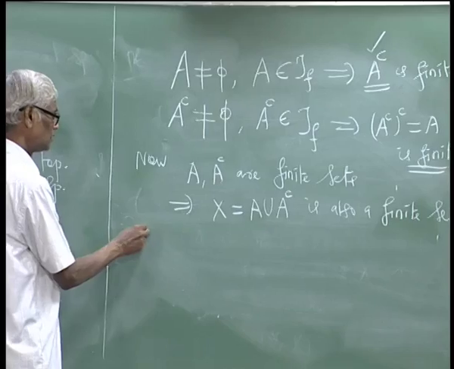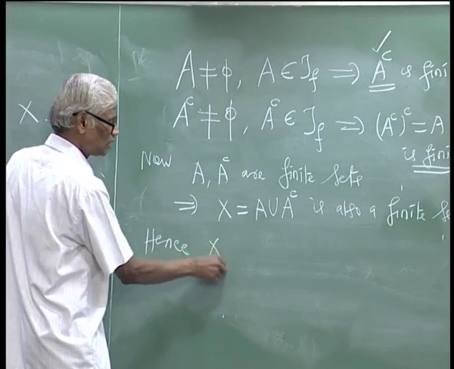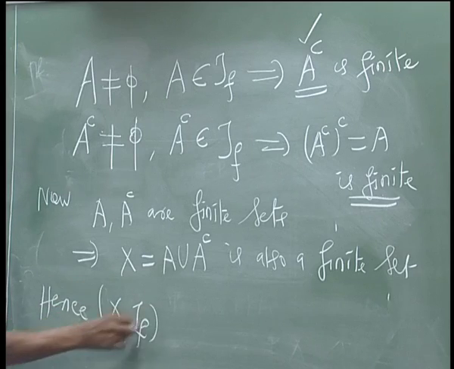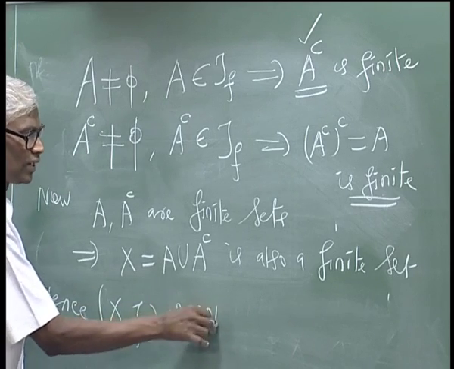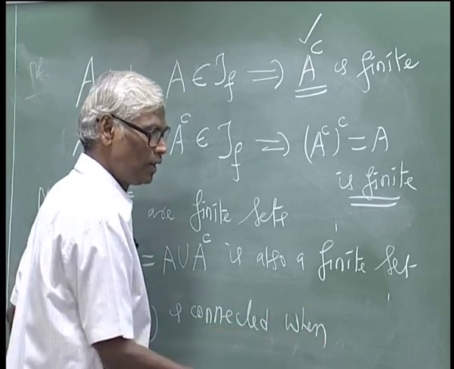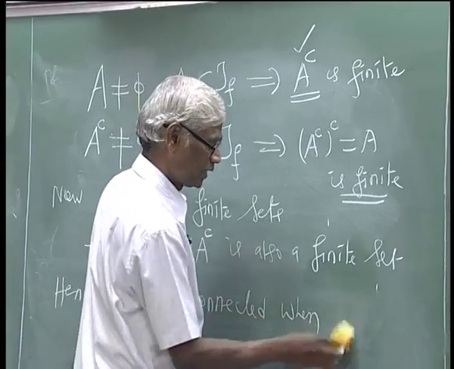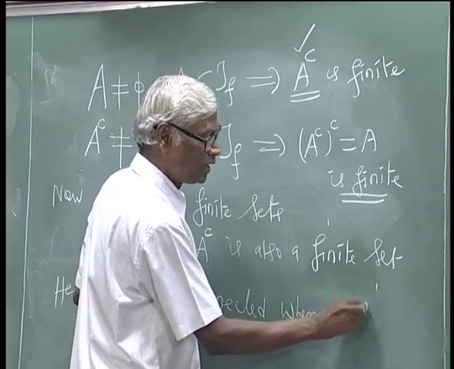Hence we have proved that (X, tau f) is connected when the cardinality of X is not finite, when X is an infinite set.